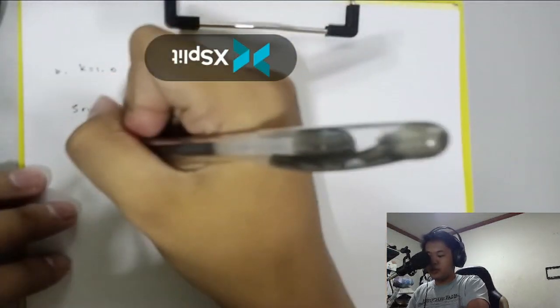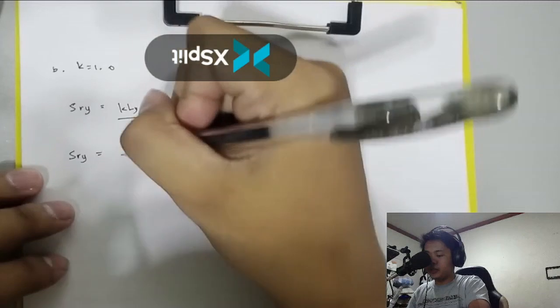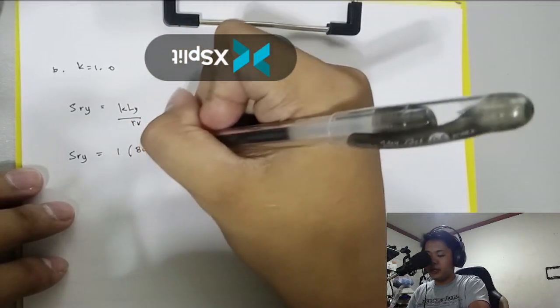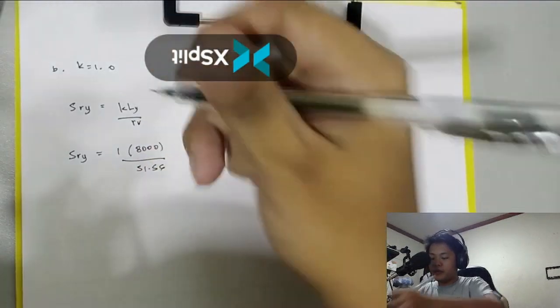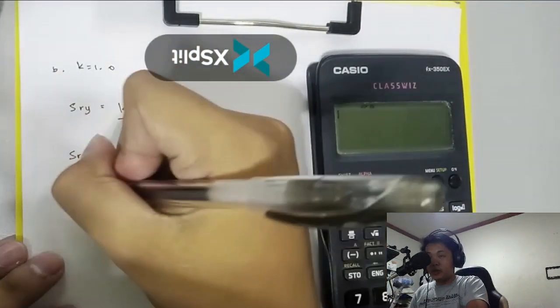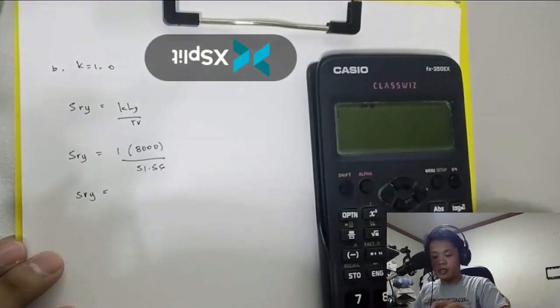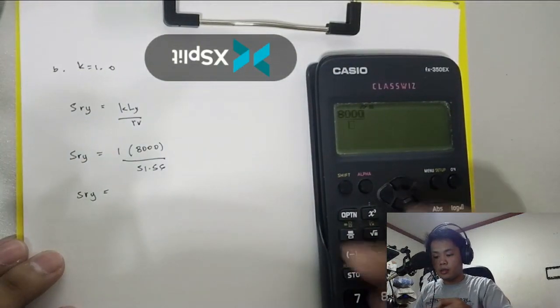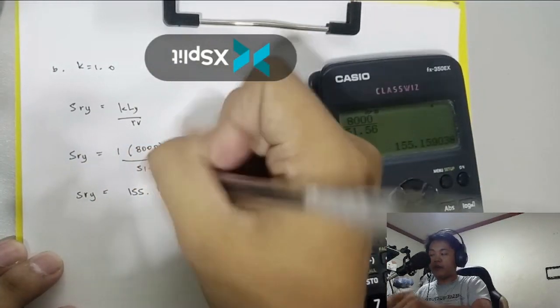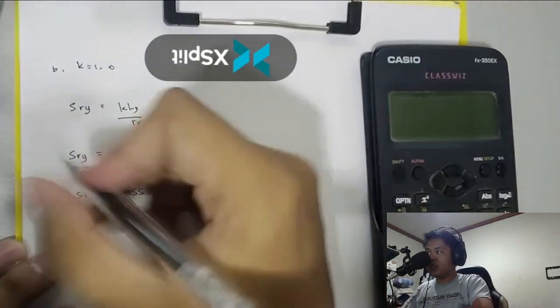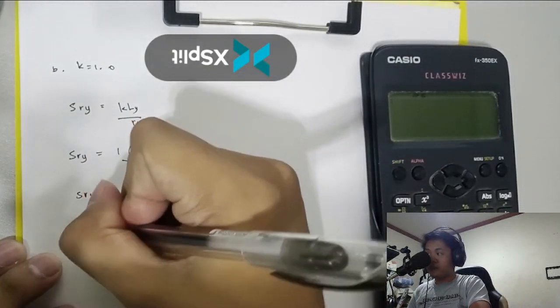So yung SRY natin is equal to 1 multiplied by 8,000 over 51.56. So may makukuha tayo na value na 155.159. So next is to solve for the CC.